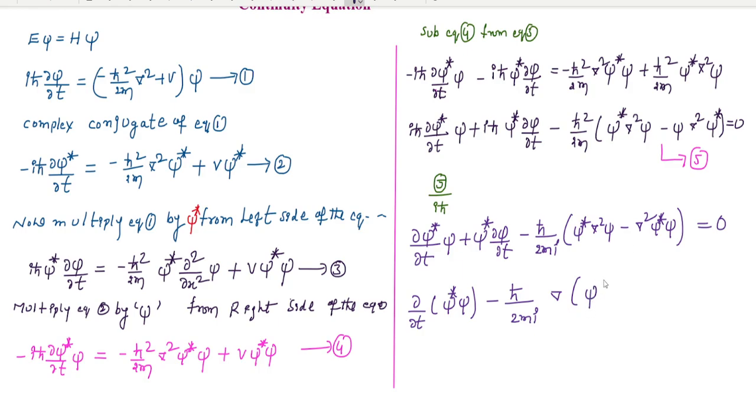Remaining equation I should keep like this, minus ψ ∇ψ*. So here I did one mistake. Just wait. This should be here, right? Please go step by step. Okay.